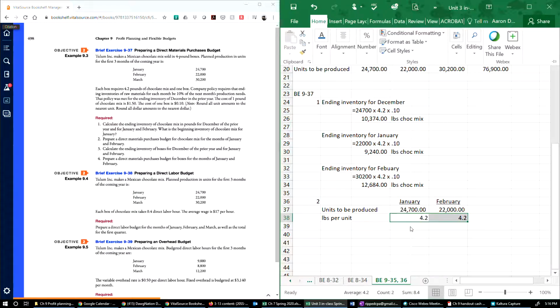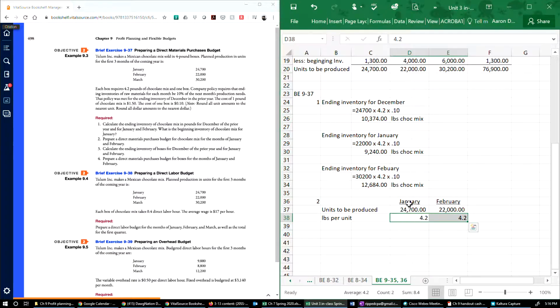And then we're going to multiply, right? Units to be produced, pounds in each unit. All right, we'll do that for both.